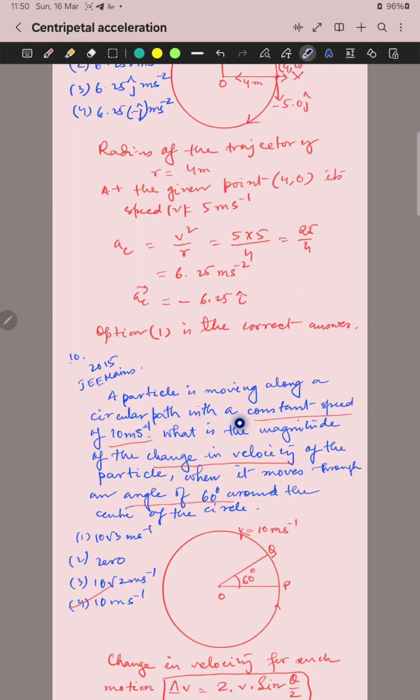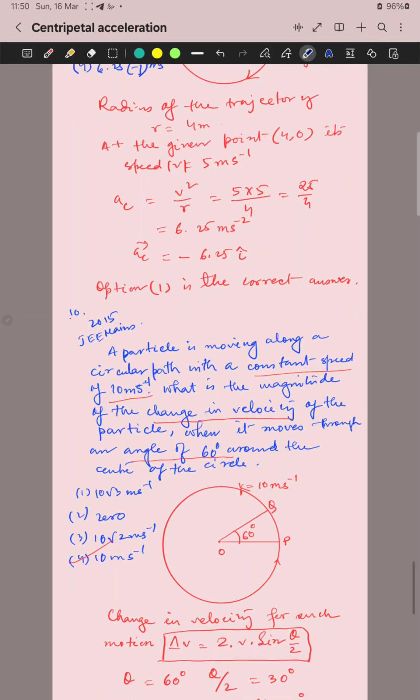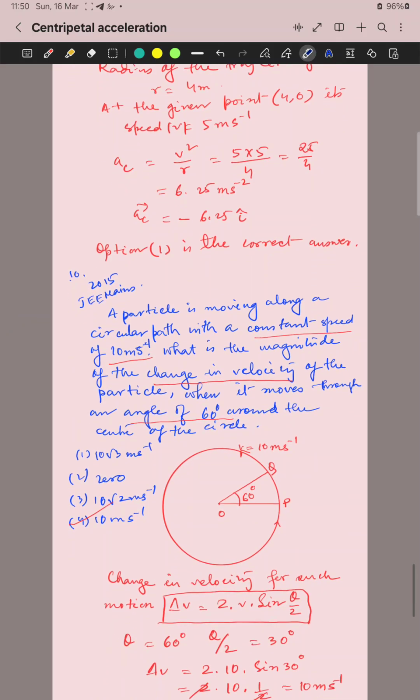And the 10th sum, which came in the year 2015 for JEE Mains examination, the particle is moving along a circular path with a constant speed of 10 meter per second, and it is asked to find the change in velocity of the particle when it moves through an angle of 60 degrees around the center of the circle.